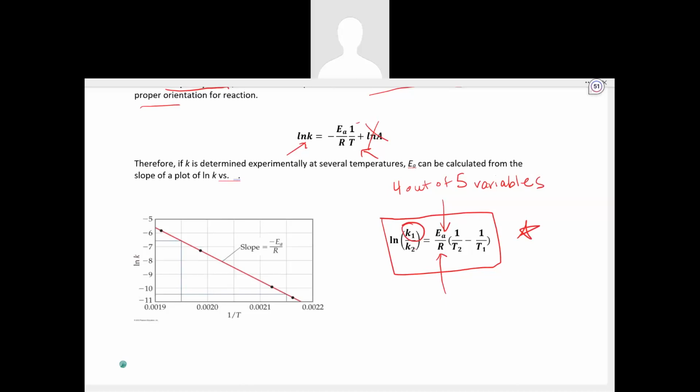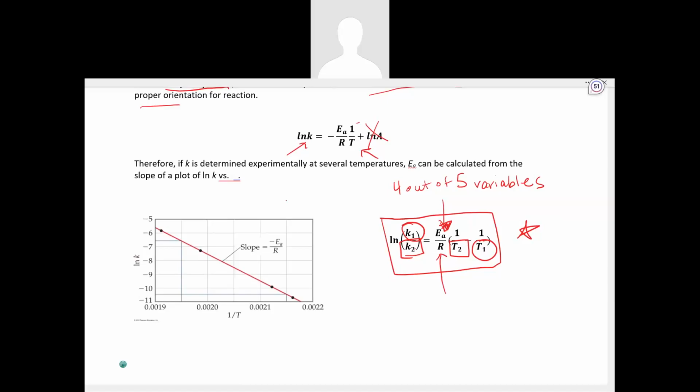So we have our rate constant K1 associated with T1, and like so, K2 with T2. But we know that depending on the reaction, it still will have the same activation energy that will be constant.